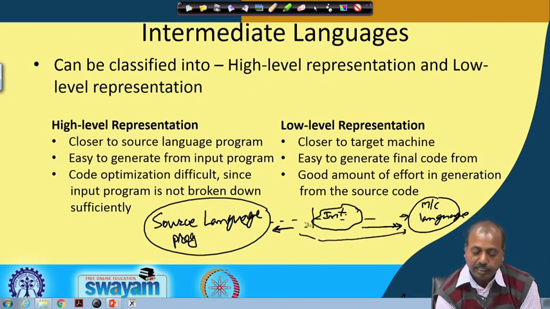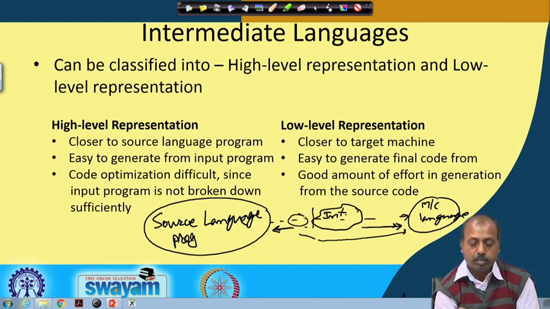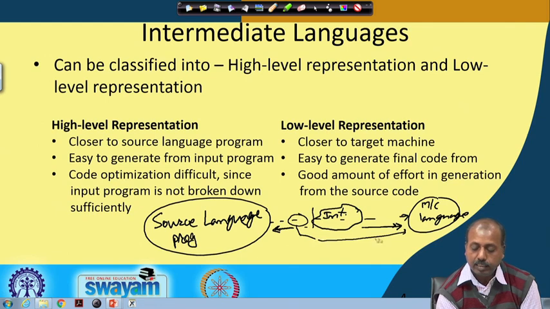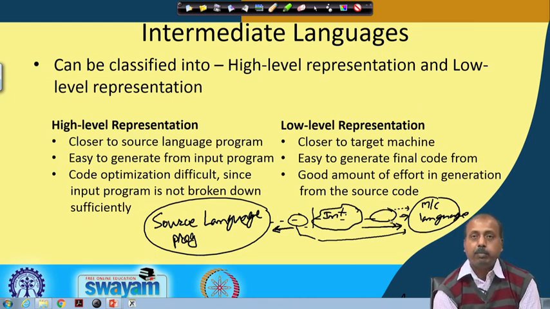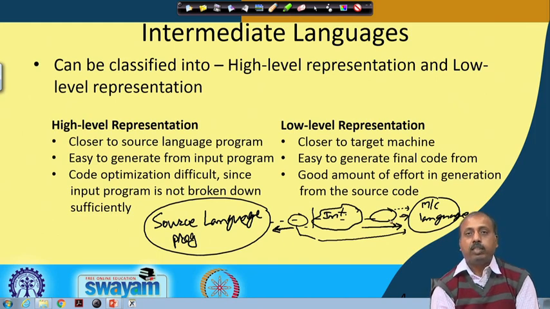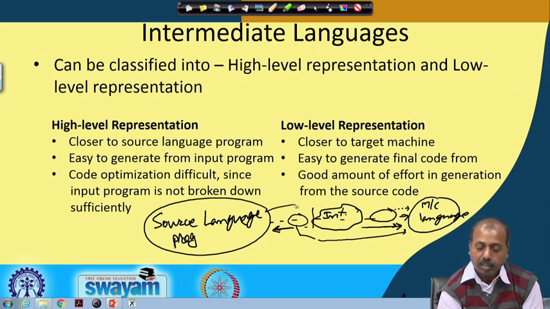Similarly, if you take this intermediary language somewhere here, then this translation may become very easy. There may be one-to-one correspondence between the intermediary language statements and the machine language statements, but doing this part becomes difficult.